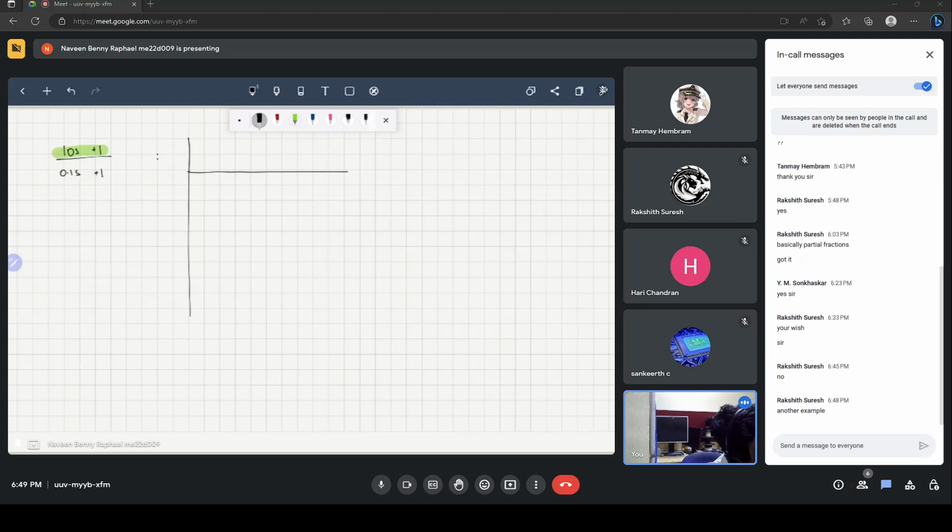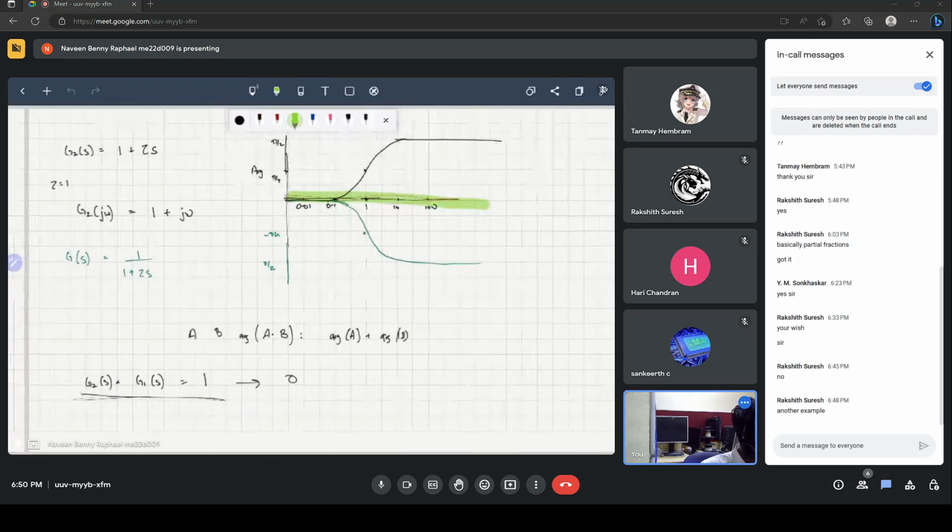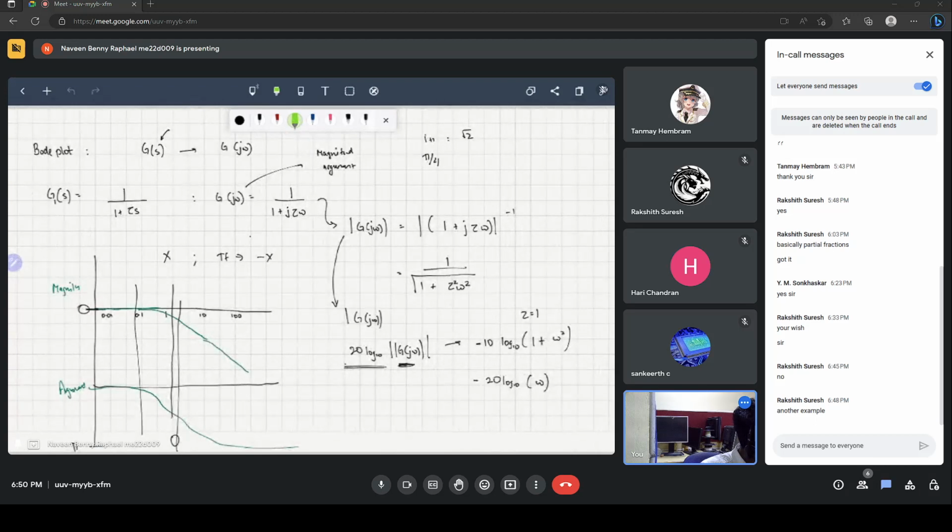No, 10s plus 1 will go up, and the part where it starts going up is at 0.1, because essentially the critical point is when omega is equal to 1.